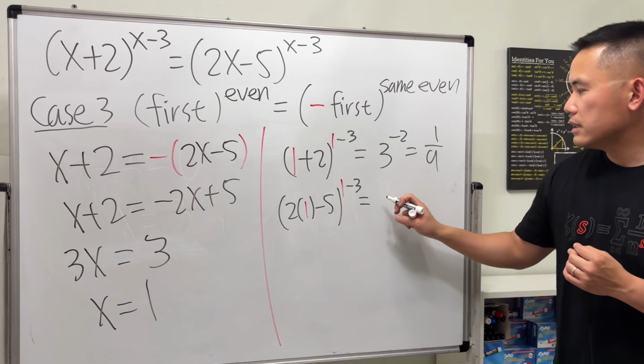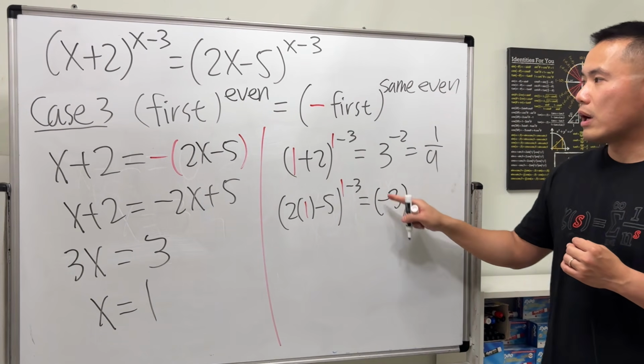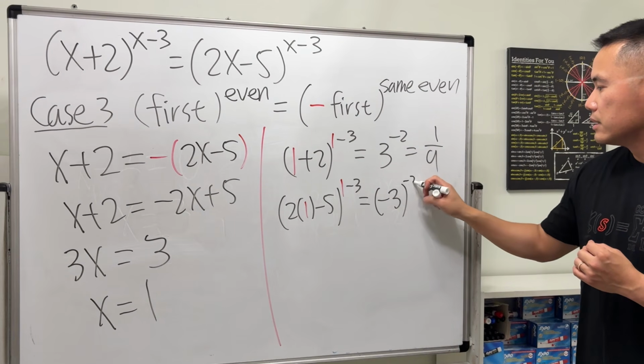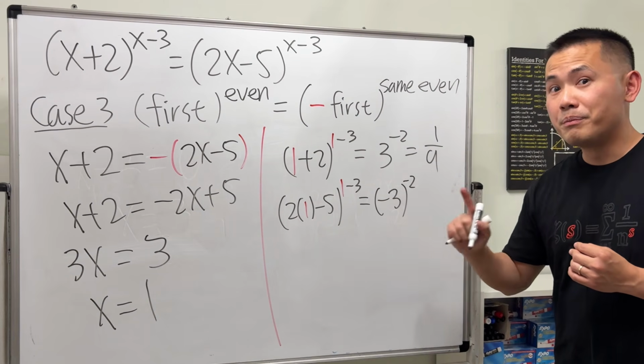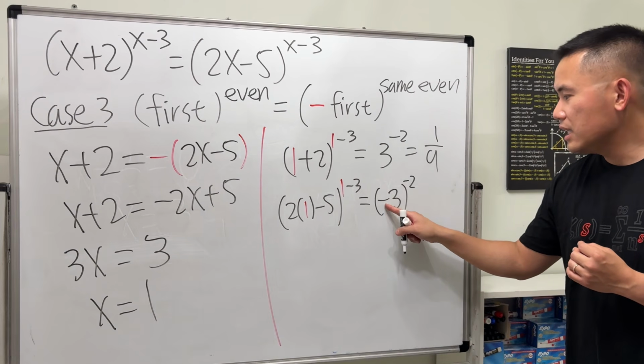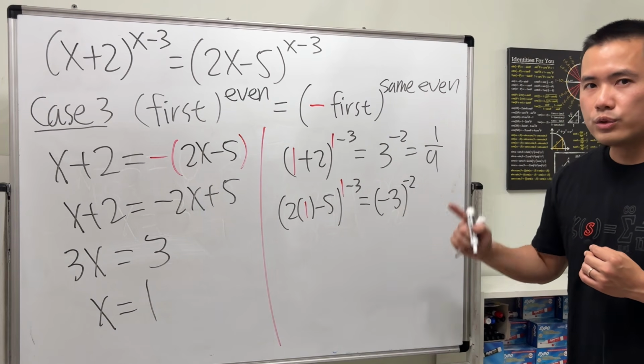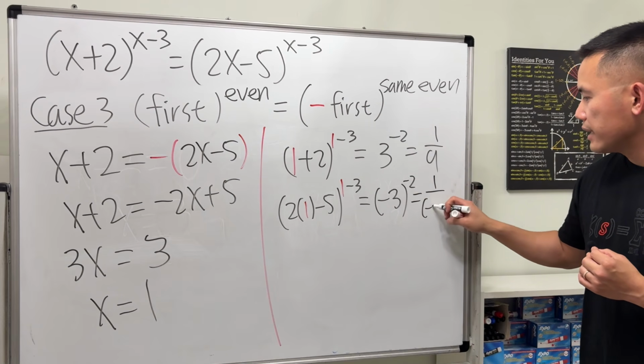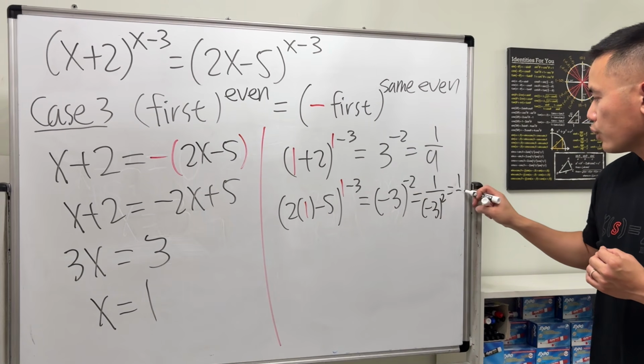This right here is -3, which is what I mean by the negative of the first base, right? To the same exponent, but it has to be even, because if this is negative to an even power, you will also get positive. This gives you 1 over -3 squared, which is also 1 over 9.